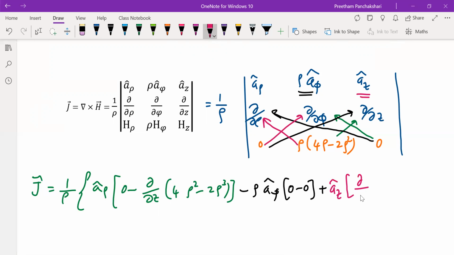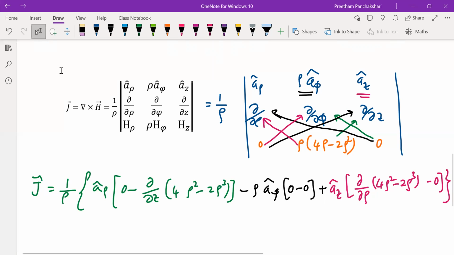The first one is dou by dou rho of 4 rho square minus 2 rho cube, minus the other term, which is 0. So this completes the first simplification level.